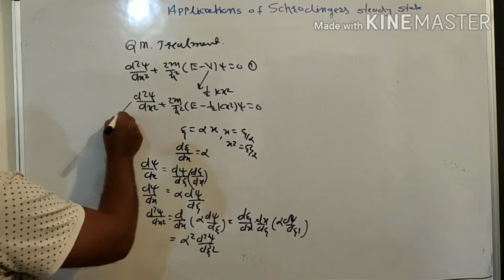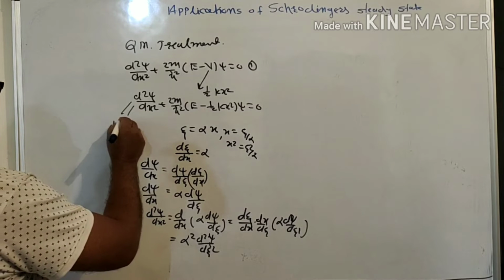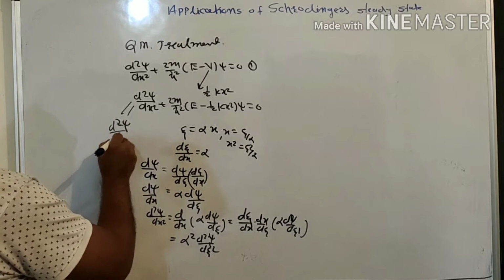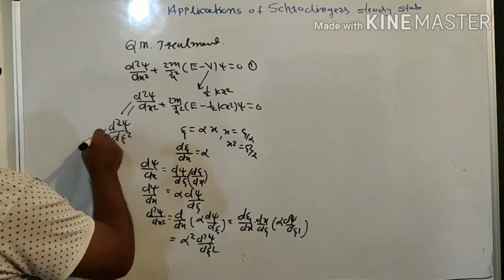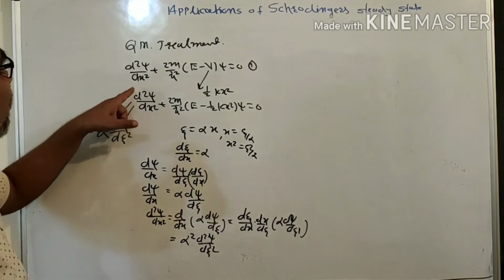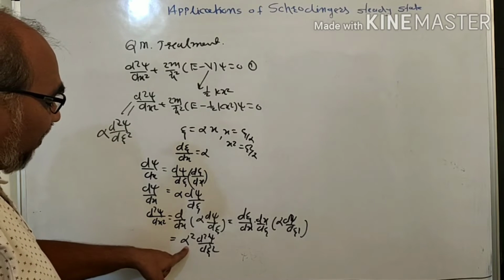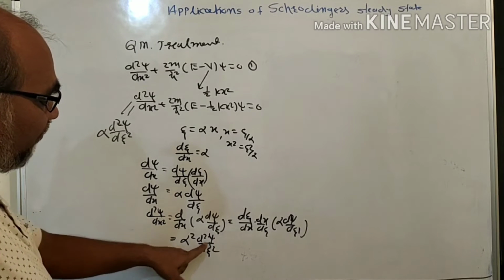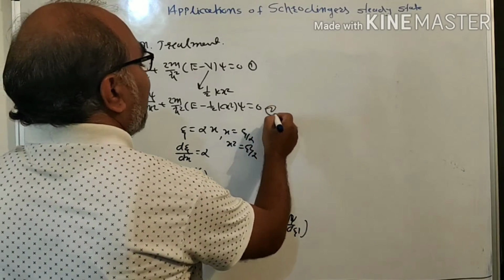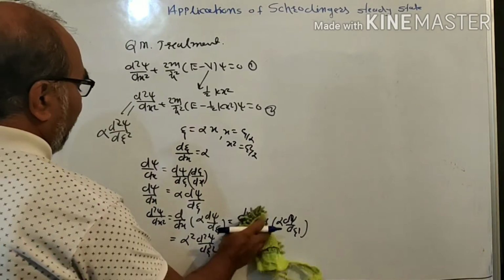That means the value of d²ψ/dx² is α² d²ψ/dζ². Now put this value of d²ψ/dx² = α² d²ψ/dζ² in the second equation.